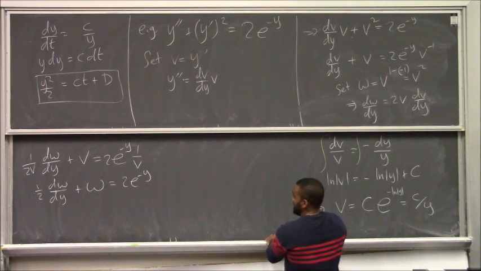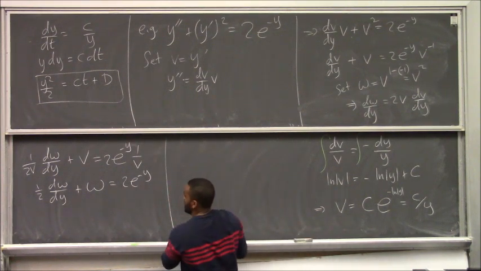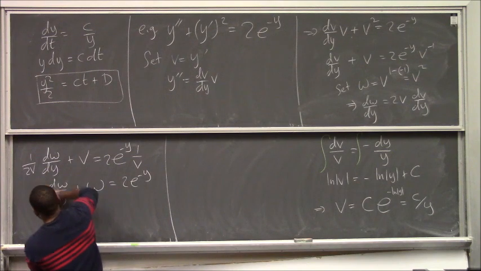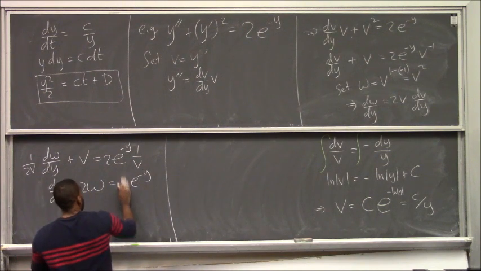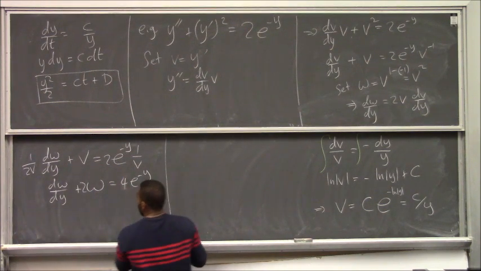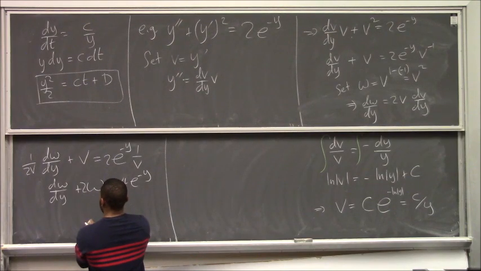So you multiply everything by 2. So you have dw dy plus 2w equals 4e to the negative y. And then the linear integrating factor would be e to the 2y. Yes.